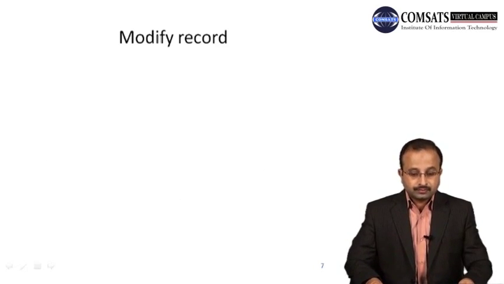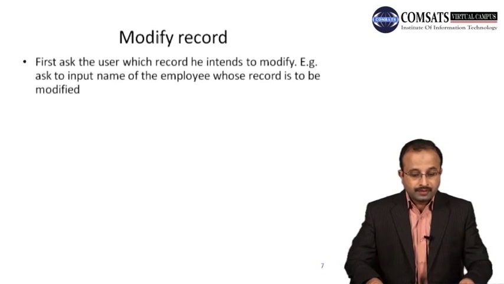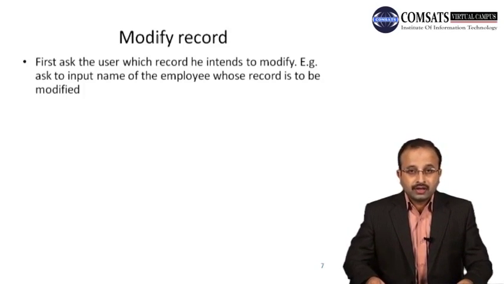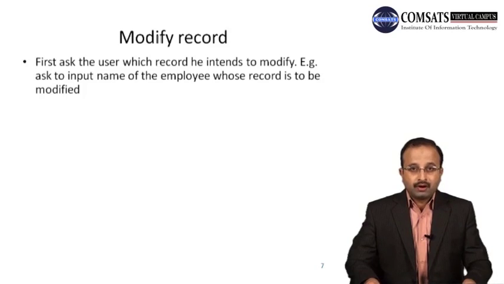Modify record. So the first step in this modification is to ask the user which record he intends to modify. For example, you have 5 records or 4 records, then you can ask the user which record they want to modify. The user doesn't intend to modify all of the records.